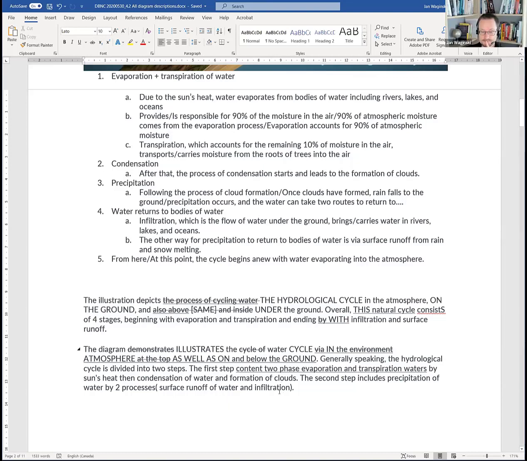Yeah, we made a mistake here. So instead of precipitation, second step includes water return to the bodies. So we'll say returns water.